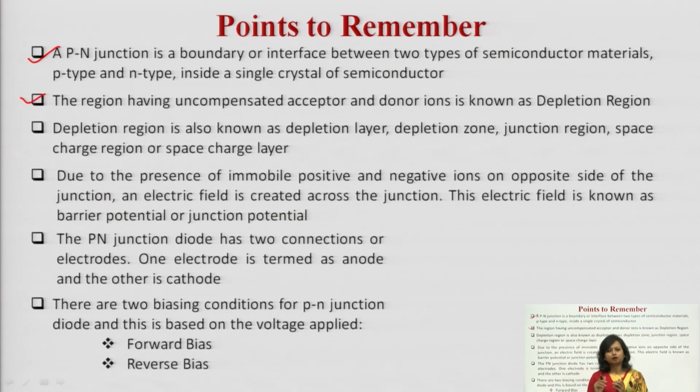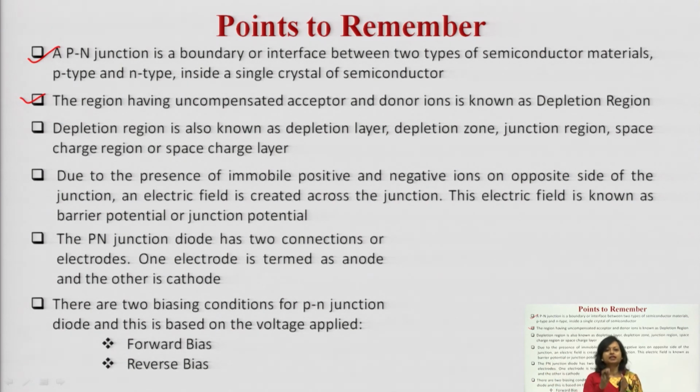When the junction is formed, then what is going to happen? Because of the concentration gradient, the diffusion process takes place. Diffusion means wherever there is a difference in the concentration. In case of p-type semiconductor, the majority charge carriers are holes, while in case of n-type semiconductor, the majority charge carriers are electrons. So, holes are moving from p to n, electrons are moving from n to p.